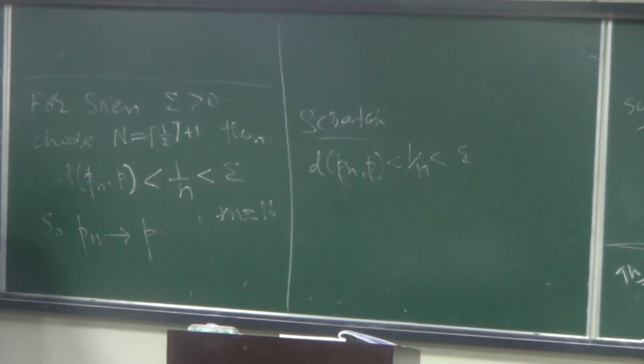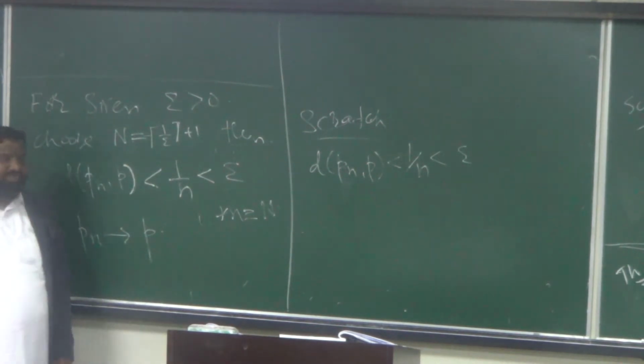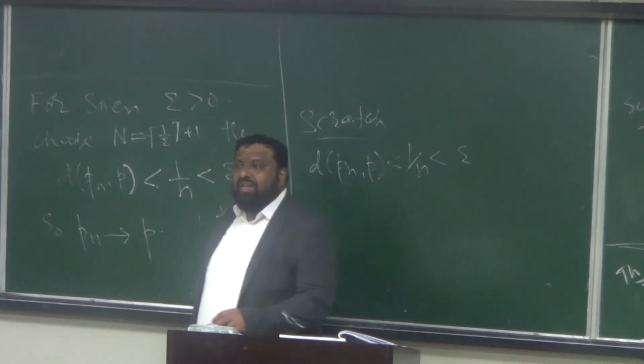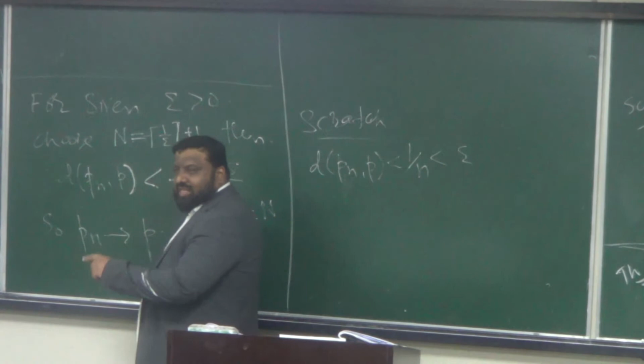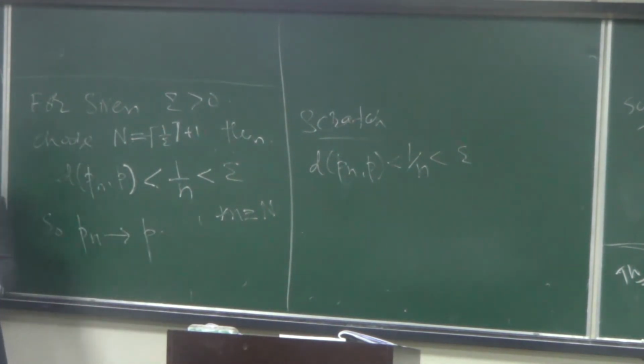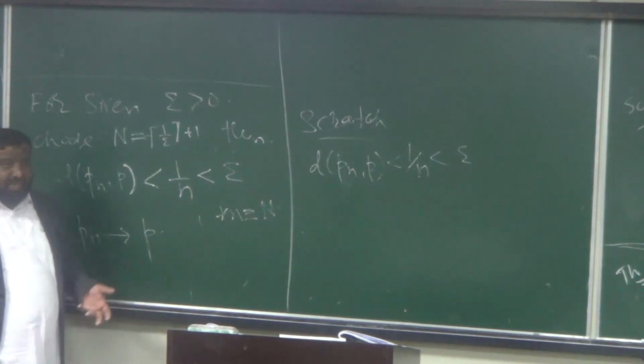So here is another interpretation of what we mean by convergence. You have a limit and you have a sequence, and somehow the sequence is getting nearer to the point P. That's one way to interpret it.